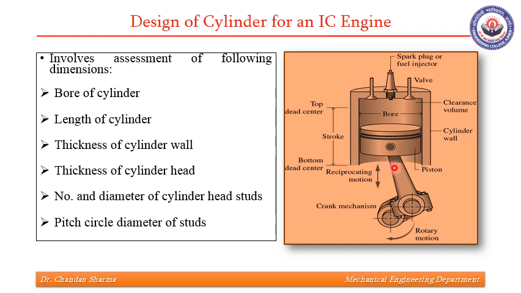When we discussed the design portion, we found the dimensions such as bore of cylinder, length of cylinder, thickness of cylinder wall, thickness of cylinder head, number and diameter of cylinder head studs, and pitch circle diameter of studs. We have found the relevant formulas for all these dimensions. I request you all to please go through the presentation prior to solving the numericals in this presentation.